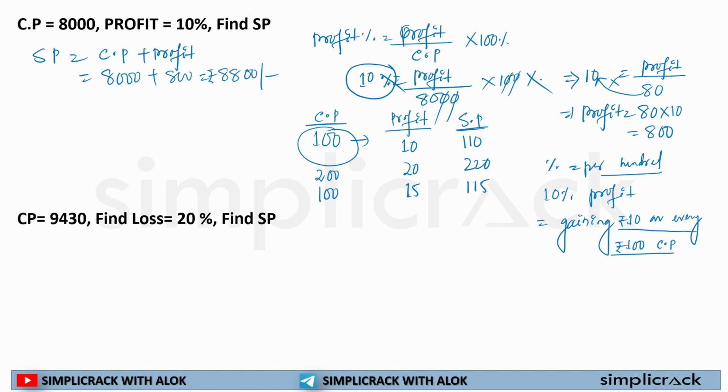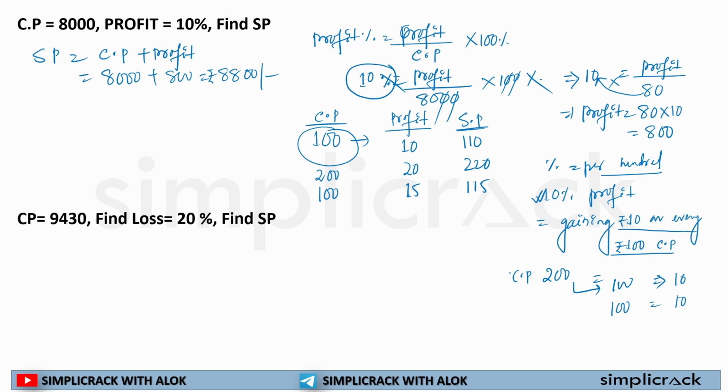So if my cost price is 100 and my profit percentage is 10%, my profit will be 10. But if my cost price is 200, for example, and my profit percentage is 10%, then for the first 100 of cost price, my profit is 10. For the next 100, it will be 10 again.